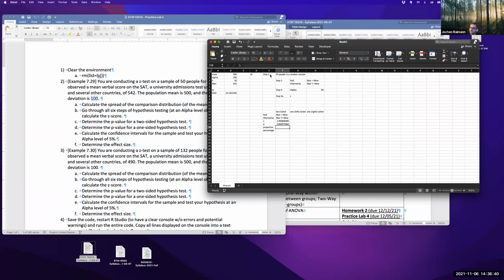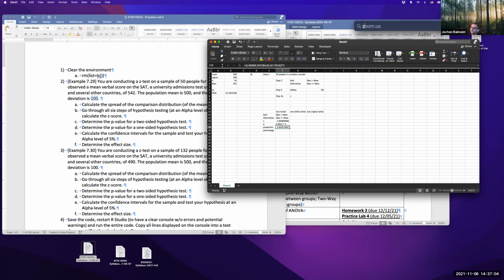And this is now 0.003. So I'm moving this down here because I want to indicate that it's 0.0015 multiplied by 2.